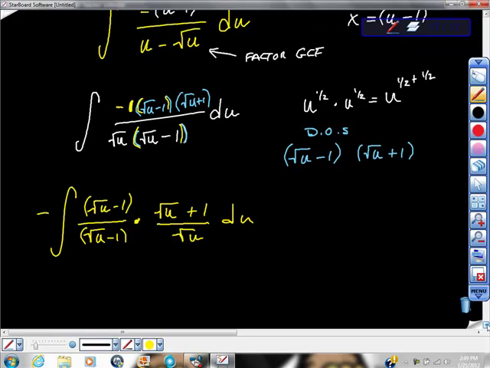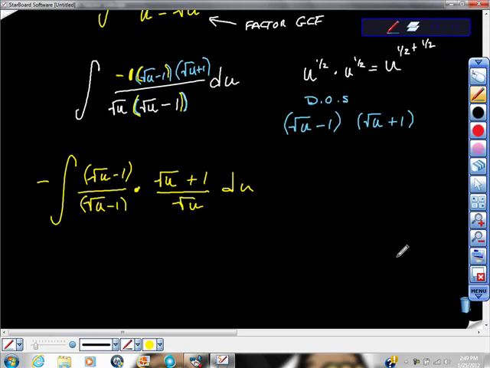This is really a lot, isn't it? But look, this is going to come together really well. These are factors, so square root of u minus 1 over square root of u minus 1 is a factor of 1. So 1 times this bit right here is just that piece, isn't it? So that cancels itself out.